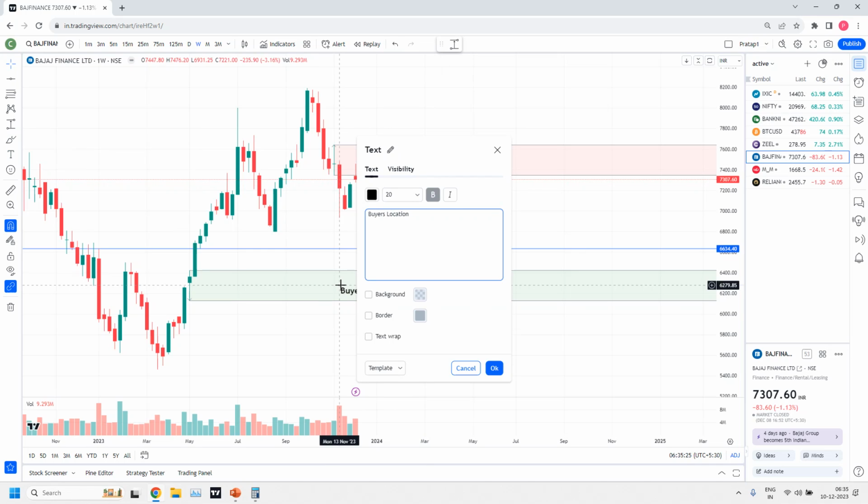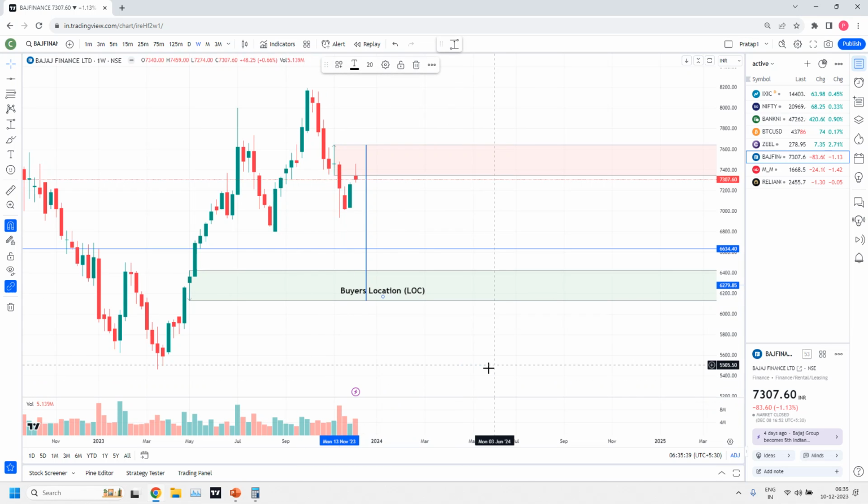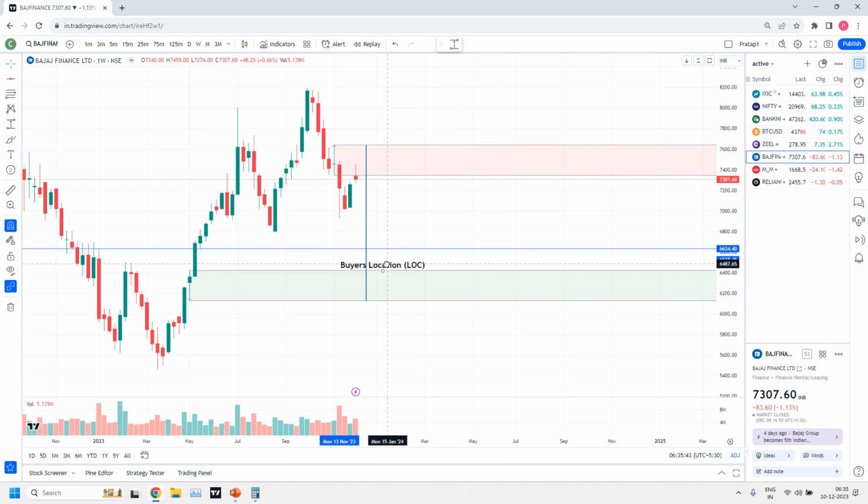Instead of calling it buyer's area, let us call it buyer's location because we are using the word location. So what is the technical name for this? Low on curve. Shortcut is LOC. We can say this entire area is buyer's location.